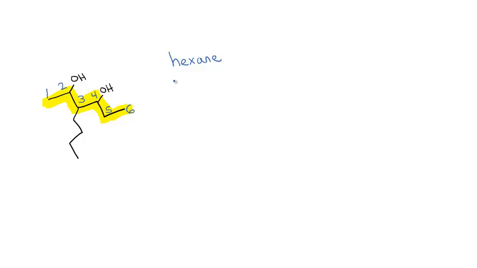So we actually keep hexane in its entirety and just add diol, prefix di for 2. And then in front we want to number so that we can tell people the location where those 2 hydroxyls are. So 2,4-hexanediol. This would just be the parent name.